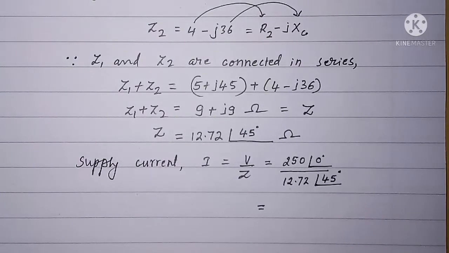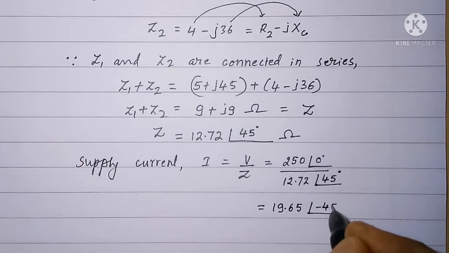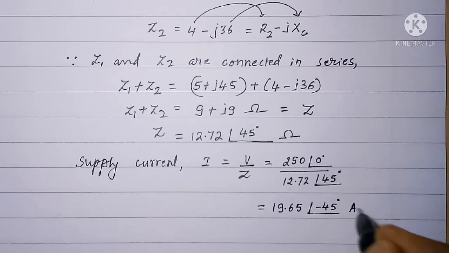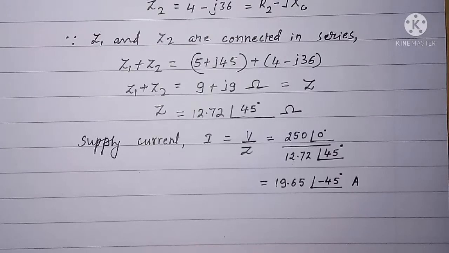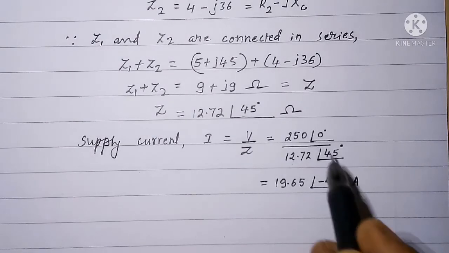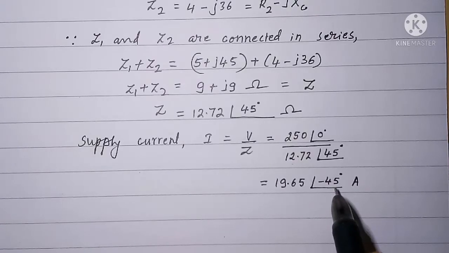On simplification we get 19.65 at an angle of minus 45 degree amperes. Negative sign with angle tells us that current is lagging the supply voltage. And when voltage is at 0 degree, current is at minus 45 degree.